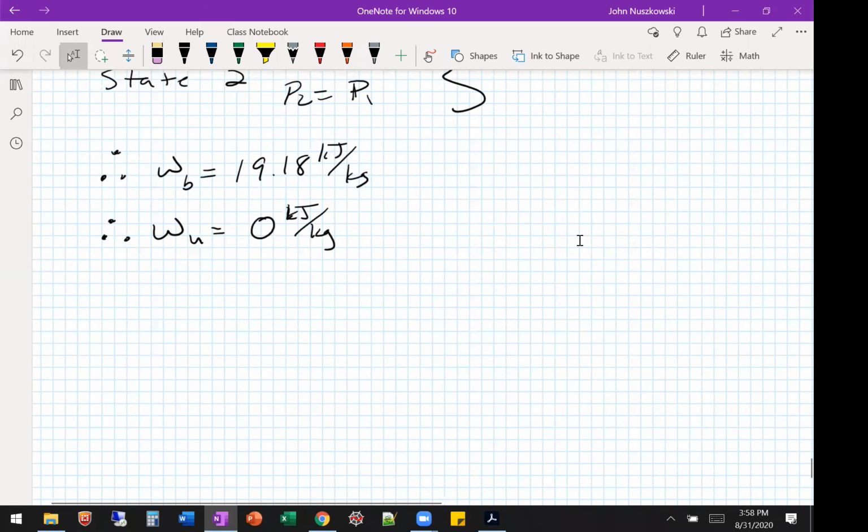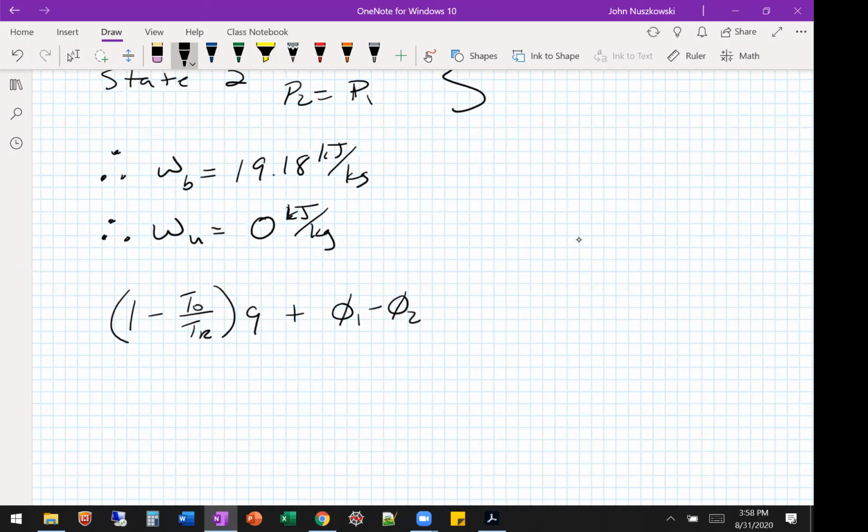All right, what we have left is the expended exergy, which is 1 minus T naught over T R, times Q, plus our change in non-flow exergy.